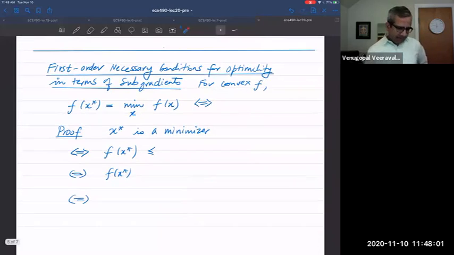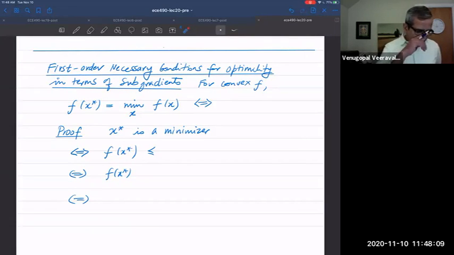All right. Let's look at first order necessary conditions for optimality in terms of subgradients. Then we can apply subgradients for something like gradient descent. The result is very easy to prove, and it's basically a minor extension of the case where gradients exist.